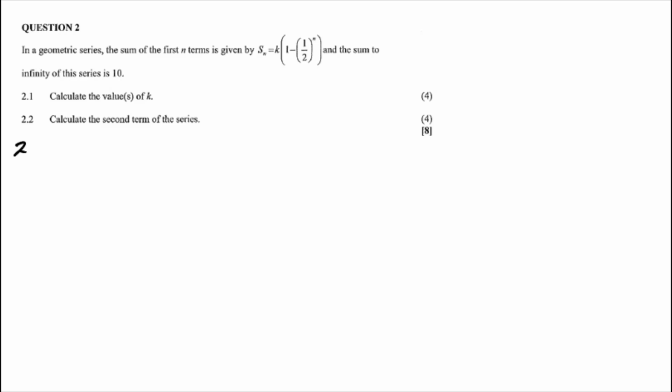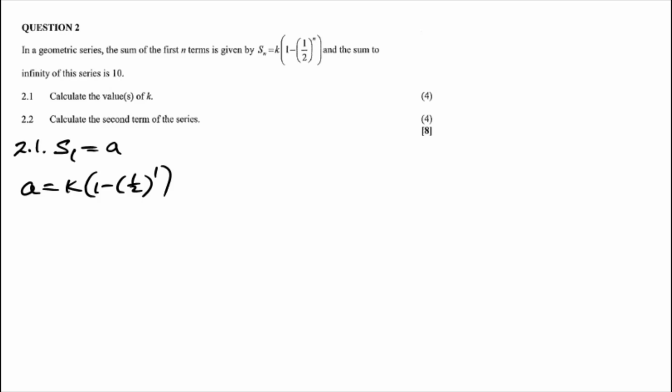The information that we're given is that Sn is equal to that expression there, but we know that S1 is equal to A, so we need to find A. So A is equal to k times 1 minus 1 over 2 to the exponent 1.